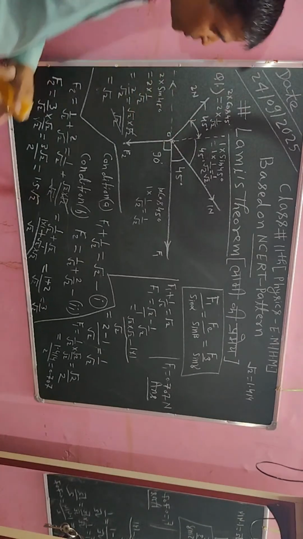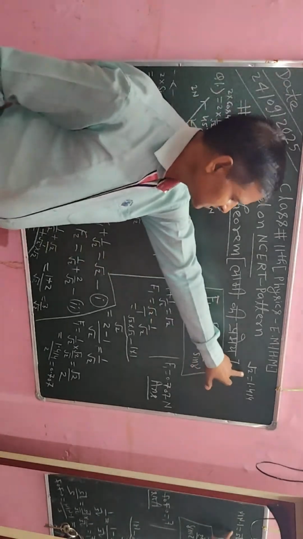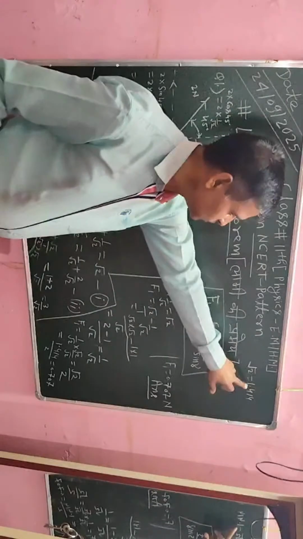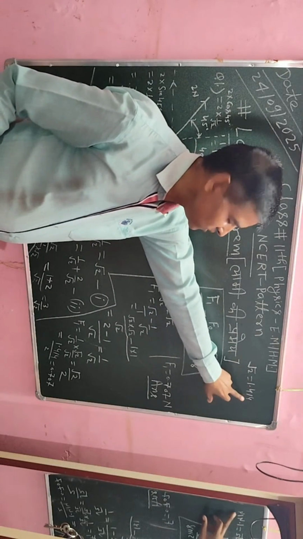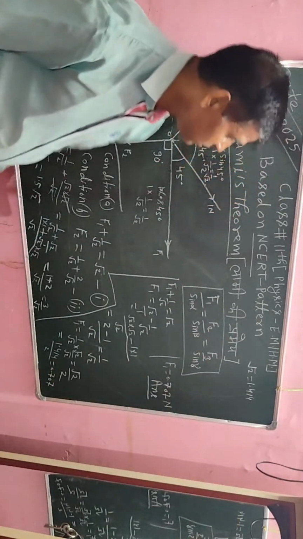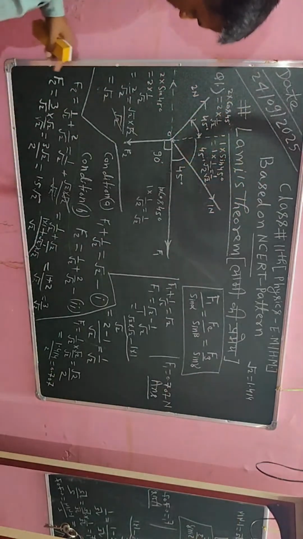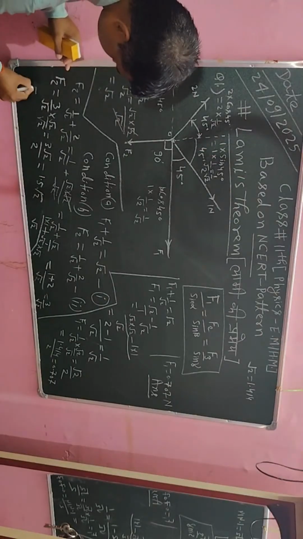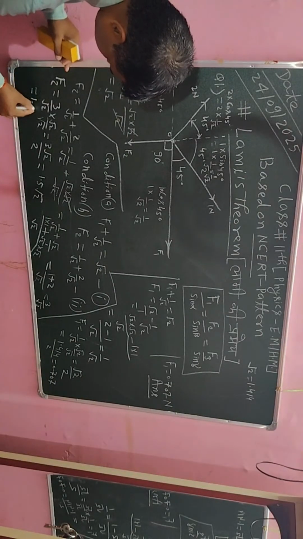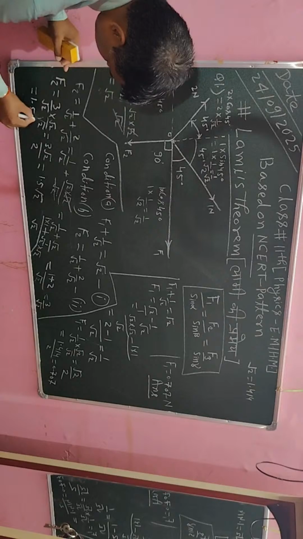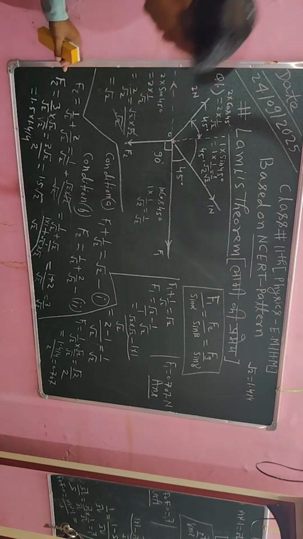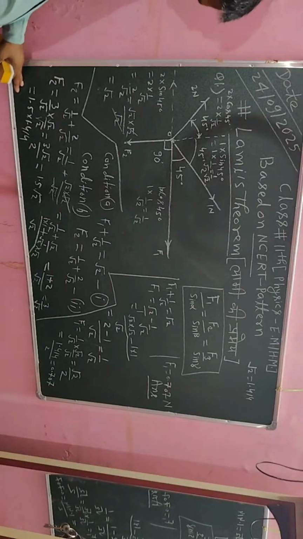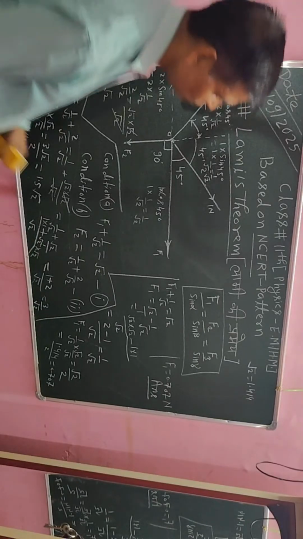Every student knows the value of root 2, which is 1.414. We have to write that value properly. So here I will say 1.5 into root 2, 1.414. After multiplication I will write the value, and that value will be the answer.